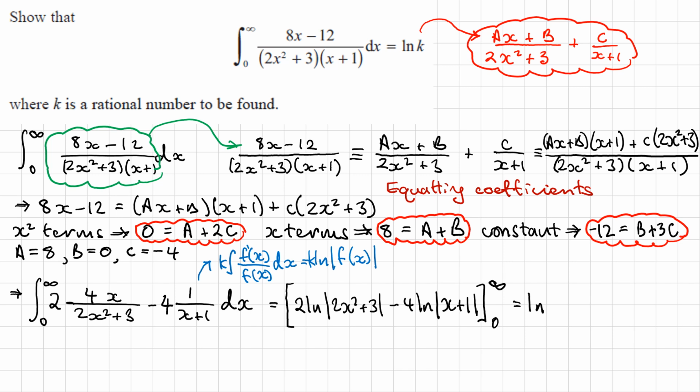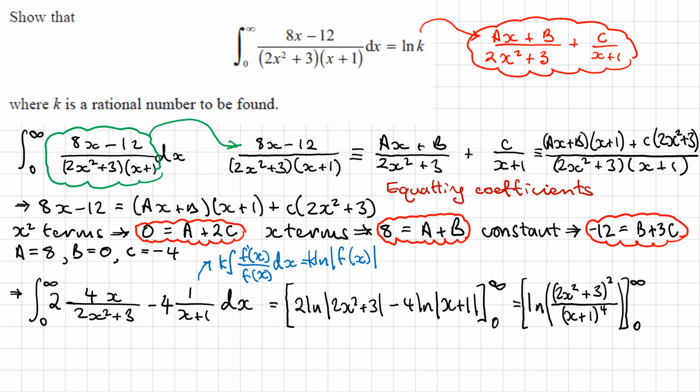So log of the 2x squared plus 3, and that's going to be all squared because I'm just bringing that power up here, and then divided by this to the power 4, x plus 1 to the power 4. I don't need the modulus symbols anymore because these are going to be positive anyway. And it's this that I'm going to do between the limits of 0 and infinity.